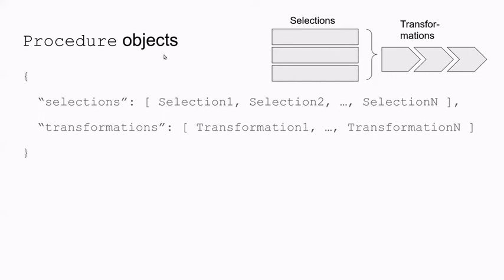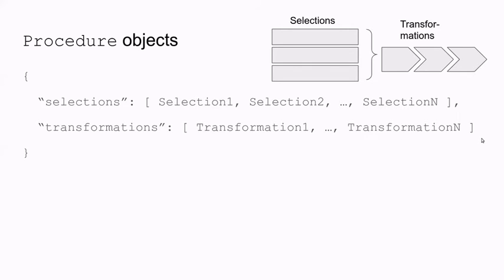Remember from our previous slides, a procedure was a series of selections, the output of which we passed to a series of transformations. This is where we define how these selections and transformations look like. So we have a series of selections that is an array of selection objects, and a series of transformations that is an array of transformation objects.